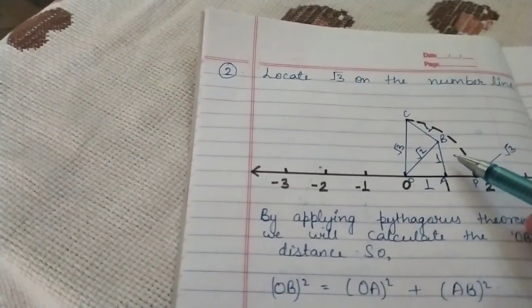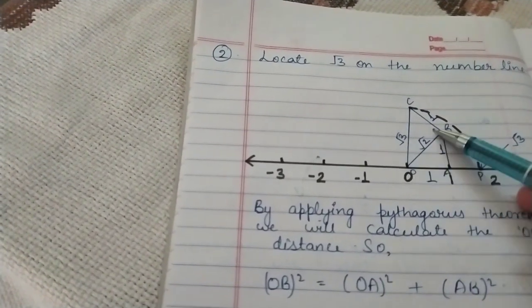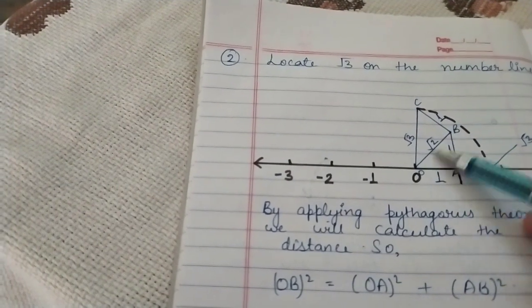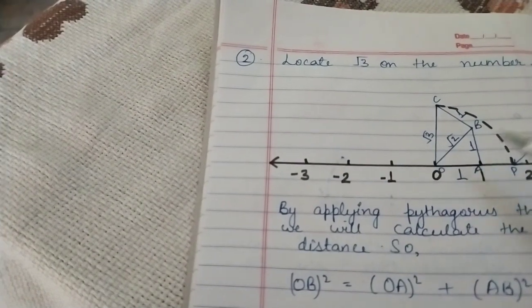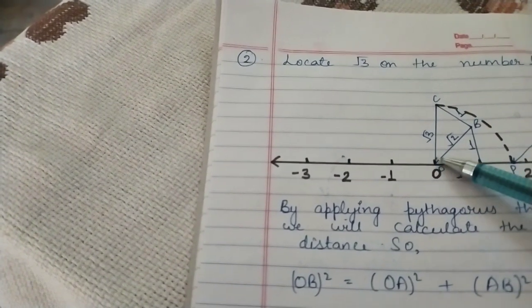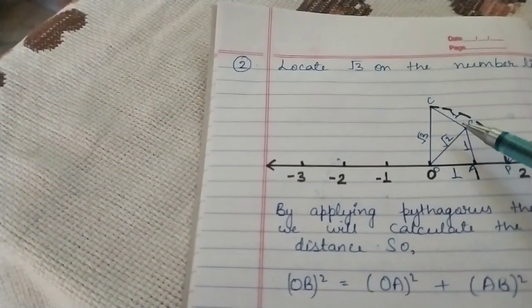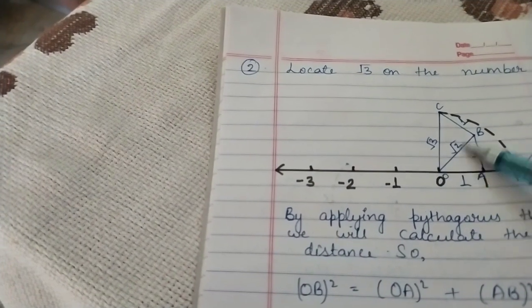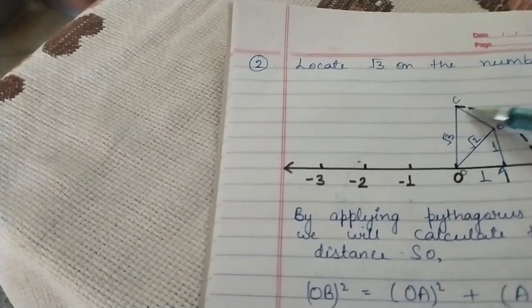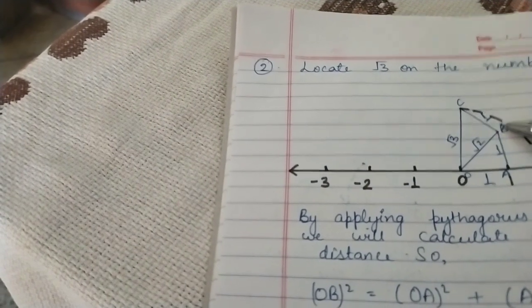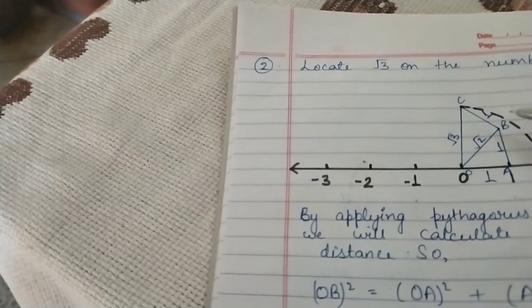So now we consider this OB as our base, as we considered OA as our base in the previous question. Now we consider OB as our base and the height BC of 1 unit distance.